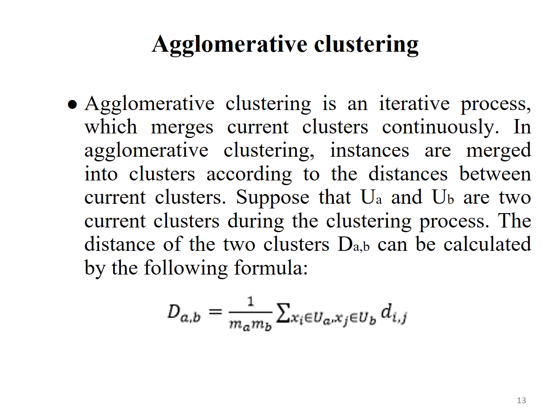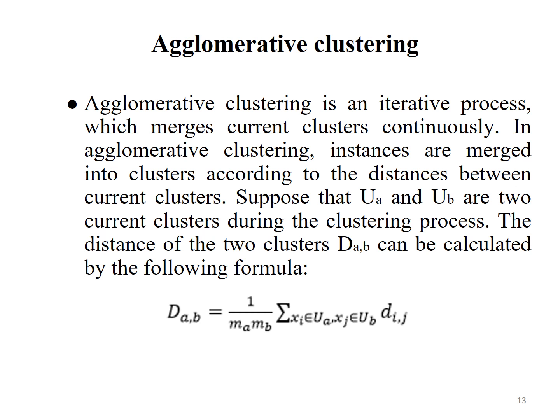In agglomerative clustering, clusters are merged according to the distance between current clusters. We employ the average linkage method to define the distance of two current clusters. The average linkage between two clusters is defined as the average of the distances between any instance pair across the two clusters.